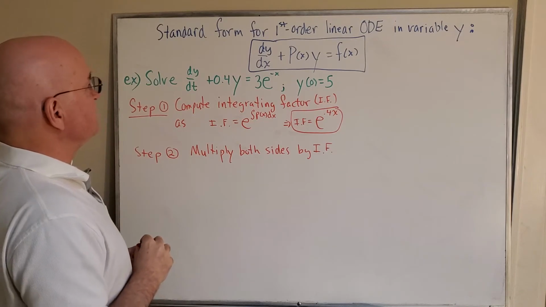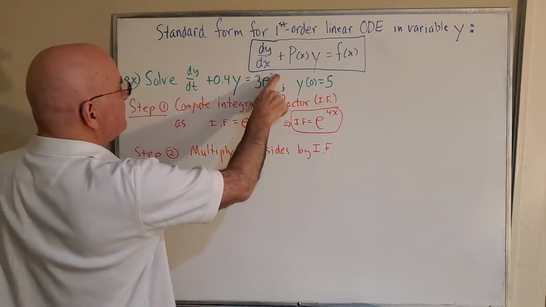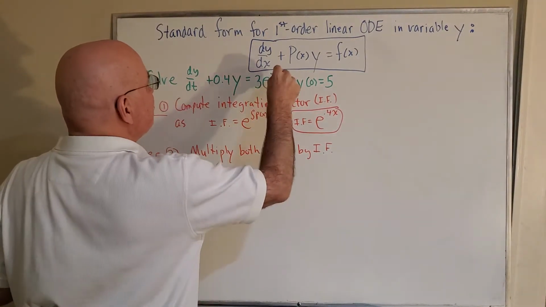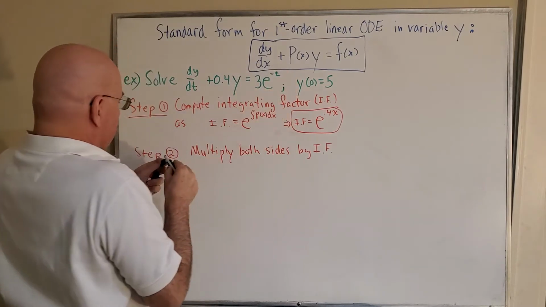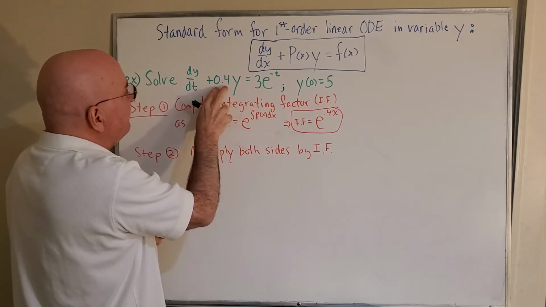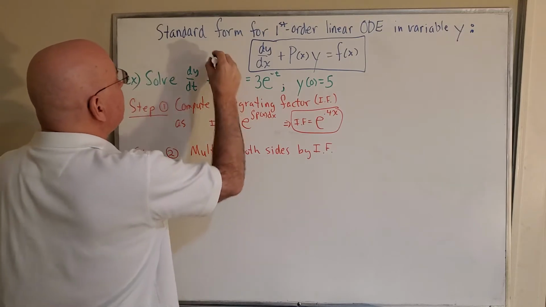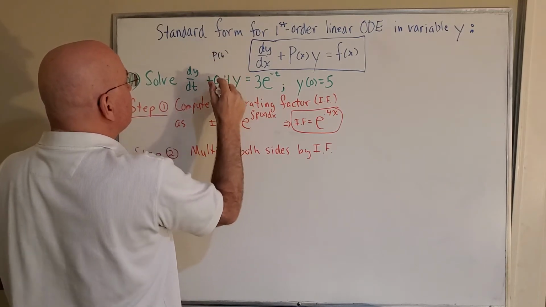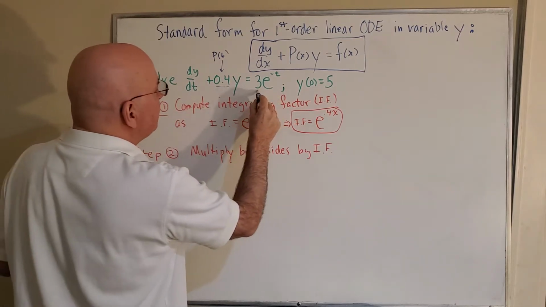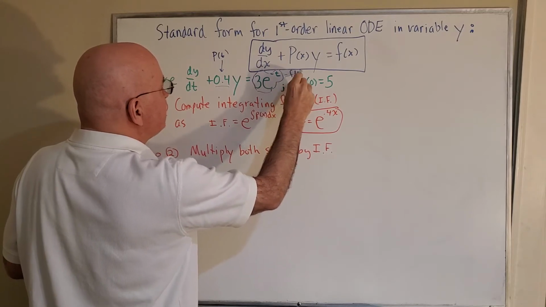Convince yourself that that's, let's see, that needs to be e to the negative t. Okay, so for us, this is a function of t, and this is a function of t. So we could even mark this as being p of t is the constant 0.4, and then this function right here is our f of t.